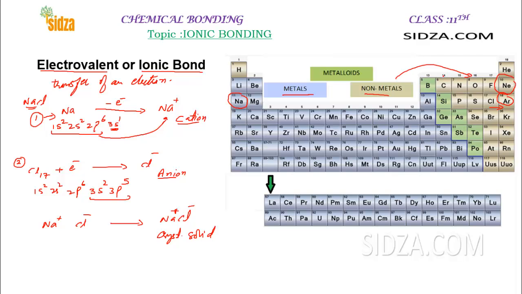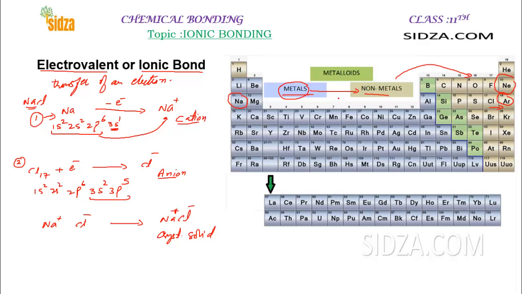So that means you get an ionic bond only when you react a metal with a non-metal, correct? Only then is an ionic bond possible. An ionic bond cannot be formed between two non-metals, for example chlorine and bromine, oxygen and sulfur, or carbon and oxygen. They cannot form the ionic bond, because we need one metal and one non-metal. Why?